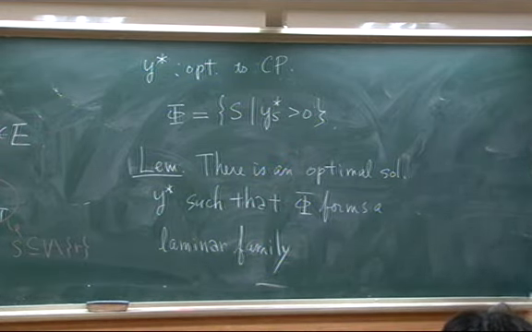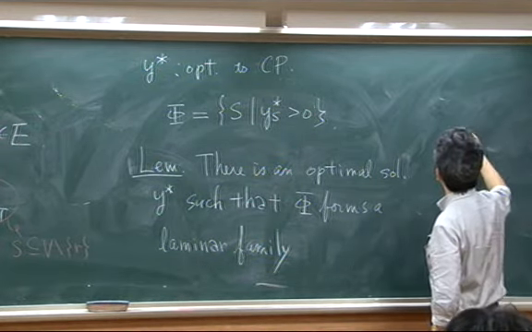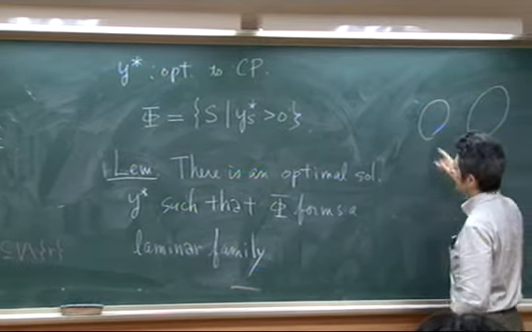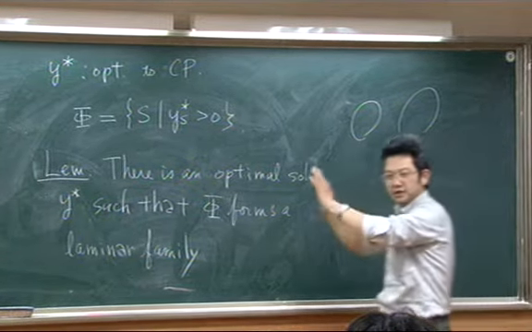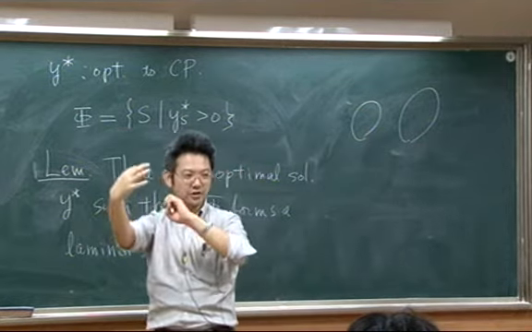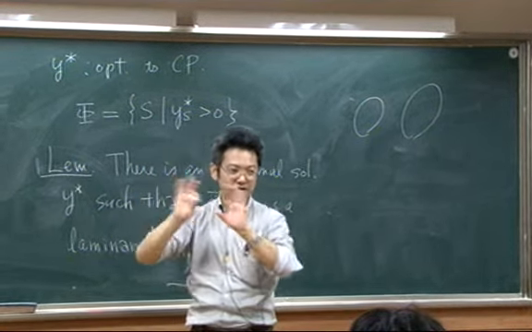Laminar family means that for any pair of members of psi, they must be a subset of each other, I mean included in each other, or disjoint.